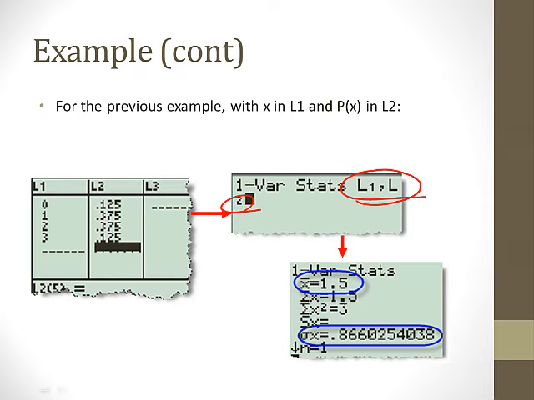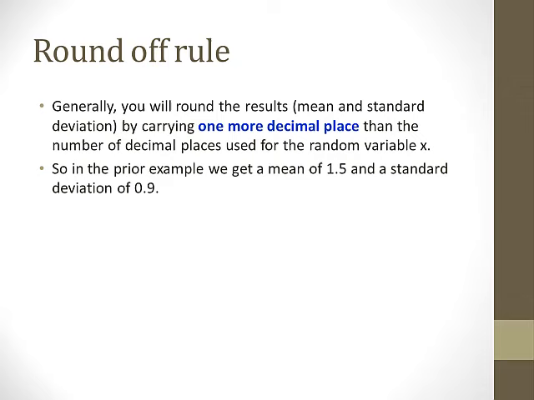Standard deviation, it's got to be the population, so you can't possibly mess this one up, is 0.867. Or 0.9. I'll give you a rounding rule here in a second. Here it is right here. So generally, when we round, we go one more decimal place than the number of decimal places used in the random variable.